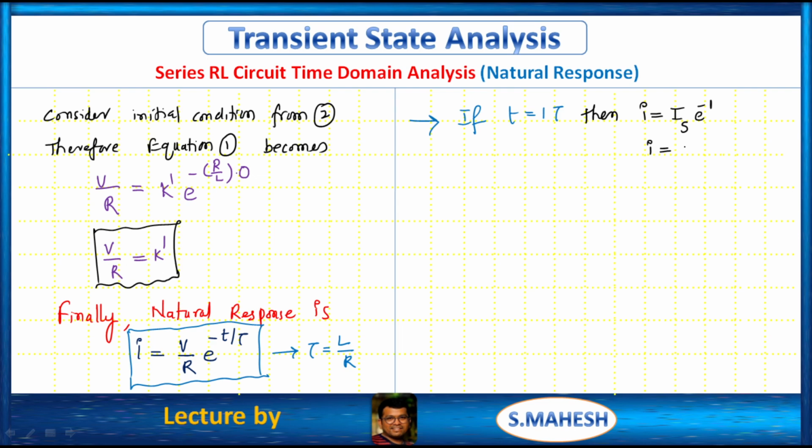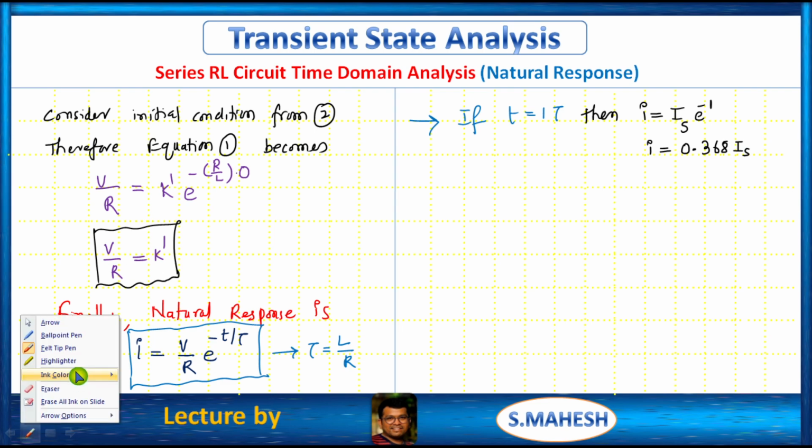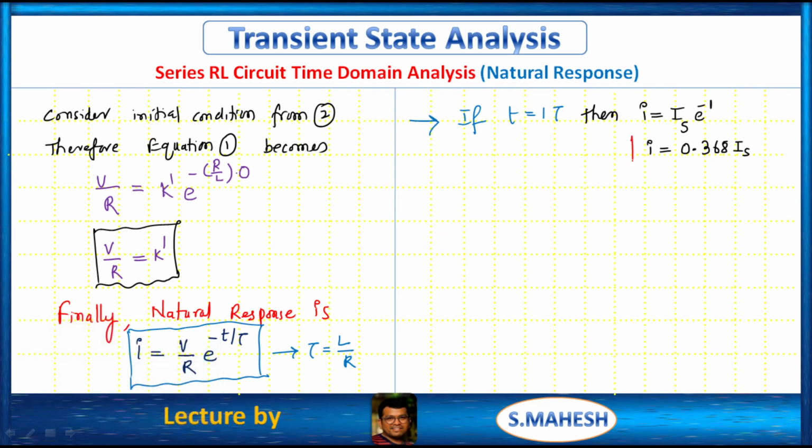Therefore I equals 0.368 Is. That's it. When t equals 1 tau, we have the current 0.368 Is. Then we have to write, this is the time constant.